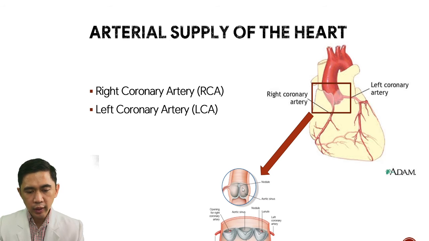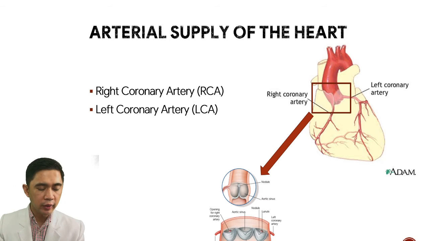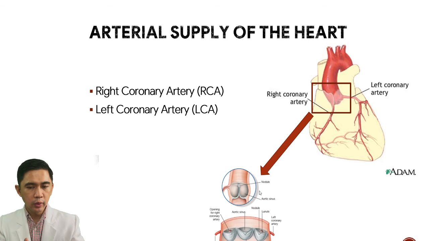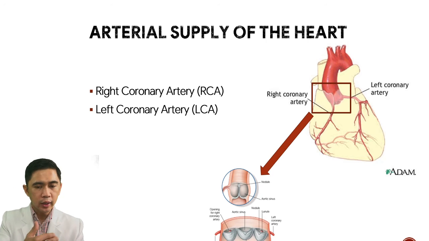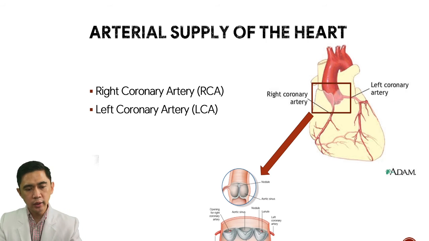The semilunar cusp is like a reverse umbrella, but compared to the pulmonary valve, it has holes in it. And these are openings to the right coronary artery and the left coronary artery. So when the heart pumps, some blood is retained in the aortic sinus and it will go through the coronary arteries. That's how the heart nourishes itself.